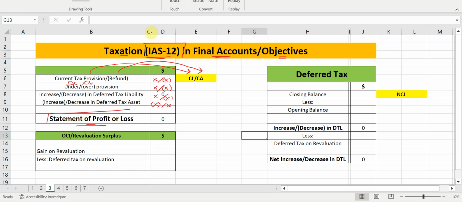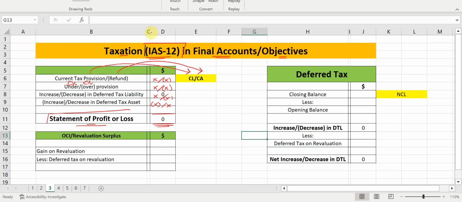So then you get the statement of profit or loss figure that goes to the tax expense in the statement of profit or loss. Like we have the profit before tax, and then we have the tax, then we have the profit for the year. So this figure goes to the statement of profit or loss tax expense figure.